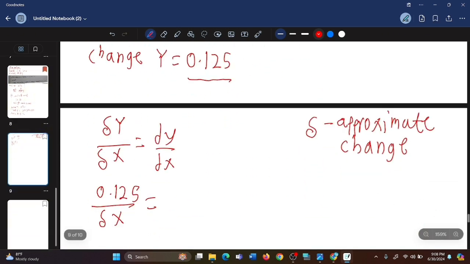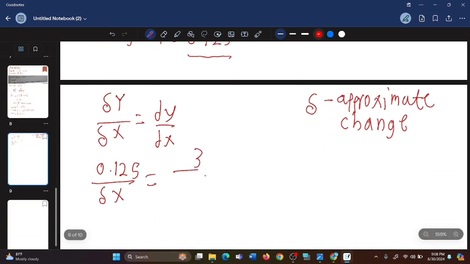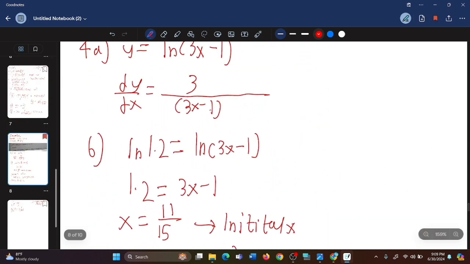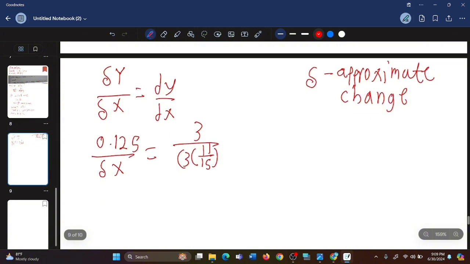Let's do it. The dy by dx was 3 over, in the denominator, 3 times, instead of x, I write 11 by 15, minus 1. So this is the dy by dx when we substitute the initial x. Now you just have to make del x the subject to find the approximate change in x.